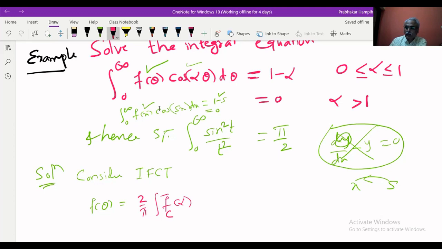F bar of alpha, the cosine transform, becomes the integral of f of theta cos of alpha theta d theta, where this part we consider as f_c bar of alpha.